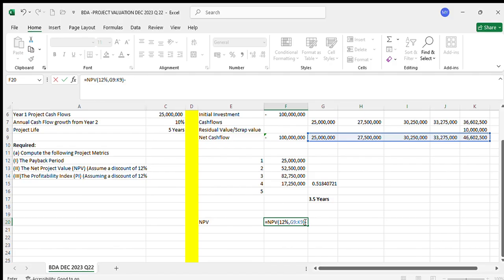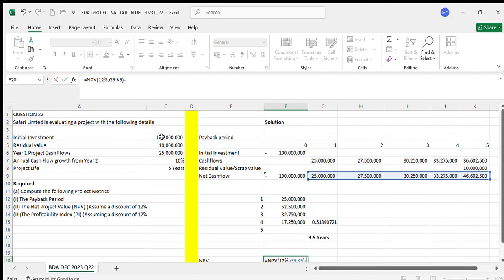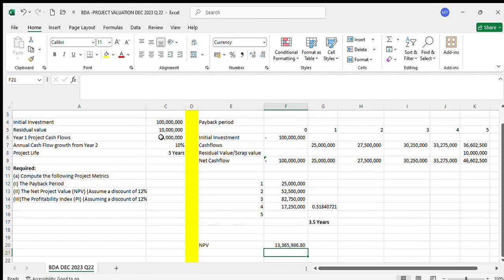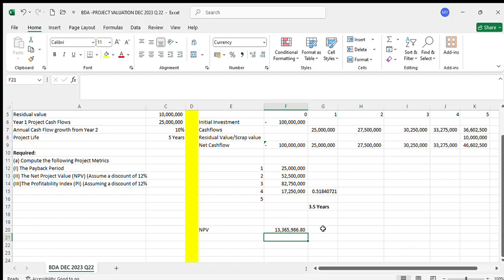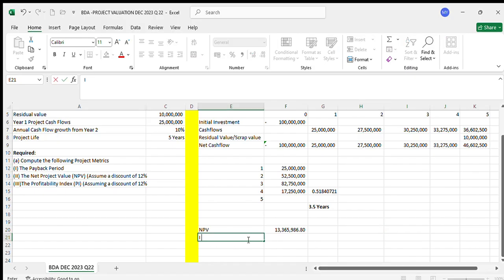So you less the initial investment, which was 100,000. Then now you get the net present value, which is 13 million. So if the net present value is positive, then it means the project is viable. So you can write that.